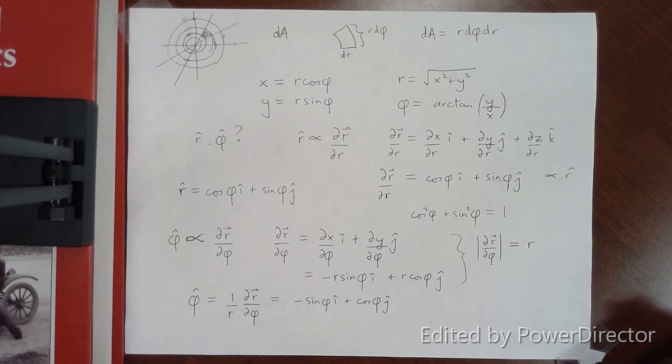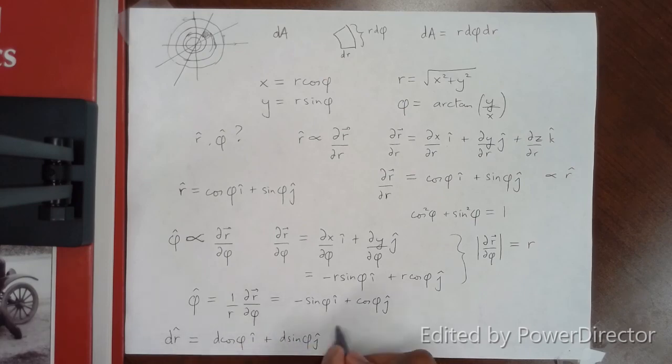Now that we have these expressions, of course, we could find it much easier to get dr hat, at least in terms of i and j. So we would have dr hat is equal to d cosine phi i hat plus d sine phi j hat, but d of cosine phi is just negative sine phi d phi i hat. D of sine phi is positive cosine phi d phi j hat.